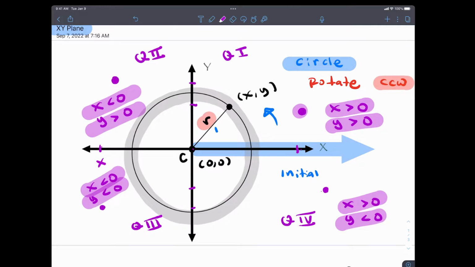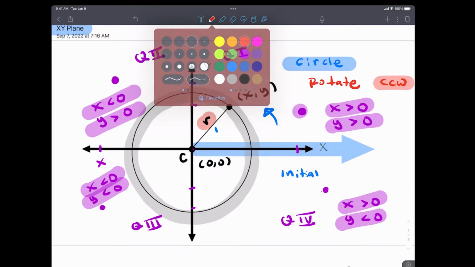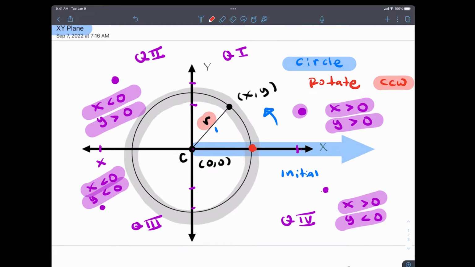Now, there's other special points, though. Let me get out the red. You see this and you see this. What do we call those points from algebra? Anybody know? The red ones I just threw down there. They actually have names. Let's see if you guys remember.